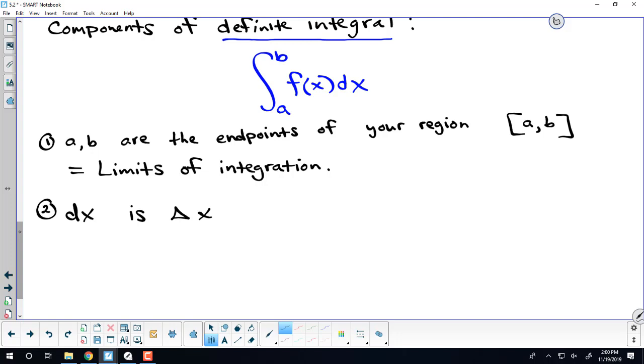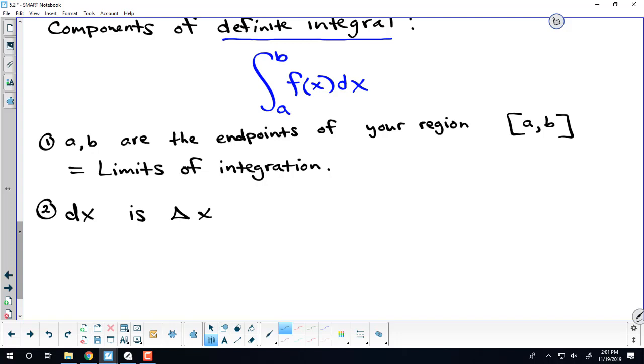It was a discrete kind of change in the x values from one rectangle to the next. This lowercase dx is just like we saw with the limit going to infinity. Those are indicating just an infinitesimally small width of each rectangle. It's virtually 0, but it is still kind of analogous to the delta x in that respect.